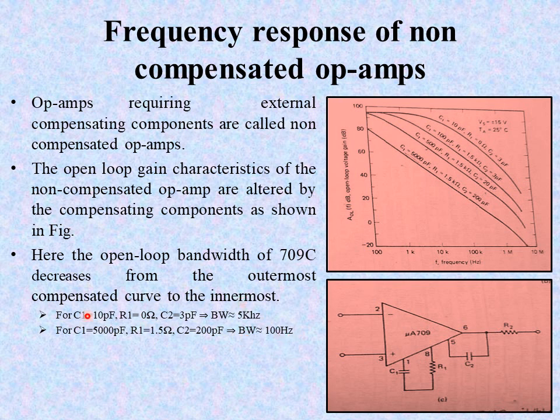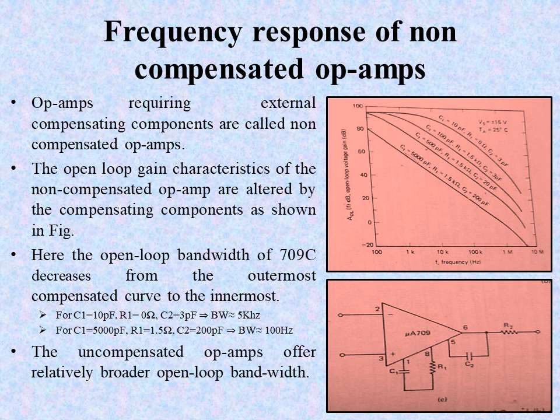So by merely using the external components C1, R1 and C2, we can change the bandwidth of the IC. So this IC provides a better opportunity for us to determine the bandwidth. How much bandwidth we want to keep, we can decide by using suitable components C1, R1 and C2.